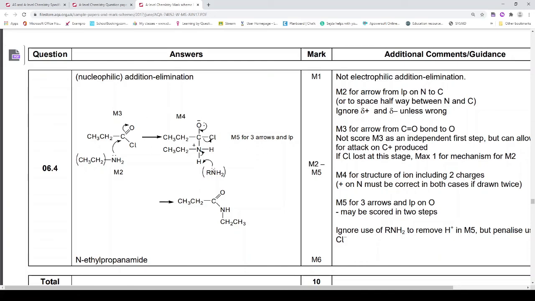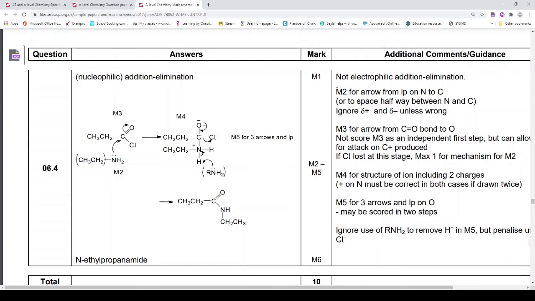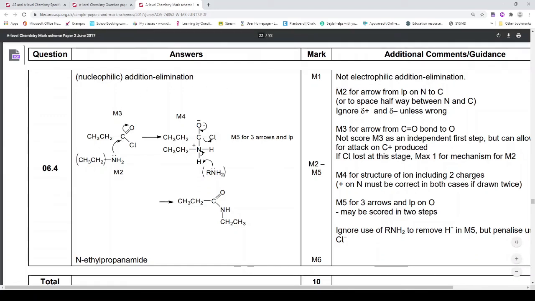Now, it's shown in brackets here, the RNH2. So this is from the ethylamine, removing the hydrogen. Now, if you look over on this side here, where we've got our marks from, okay, so one for naming nucleophilic addition-elimination. Mark 2 is for the lone pair on the nitrogen to the carbon here, so we said M2 there. Mark 3 is for the carbonyl, so we're racking the marks up quite quickly on this one.